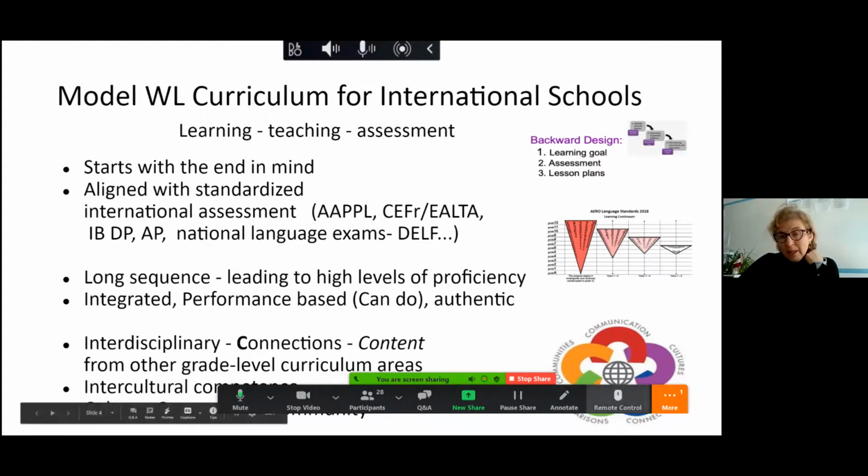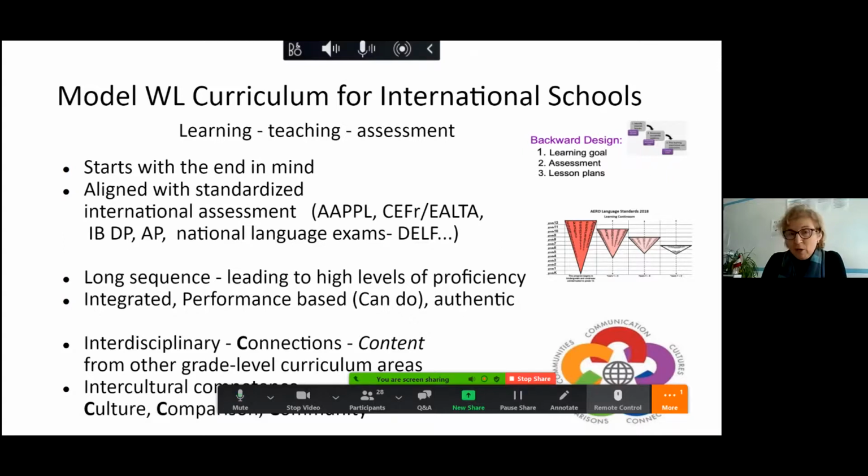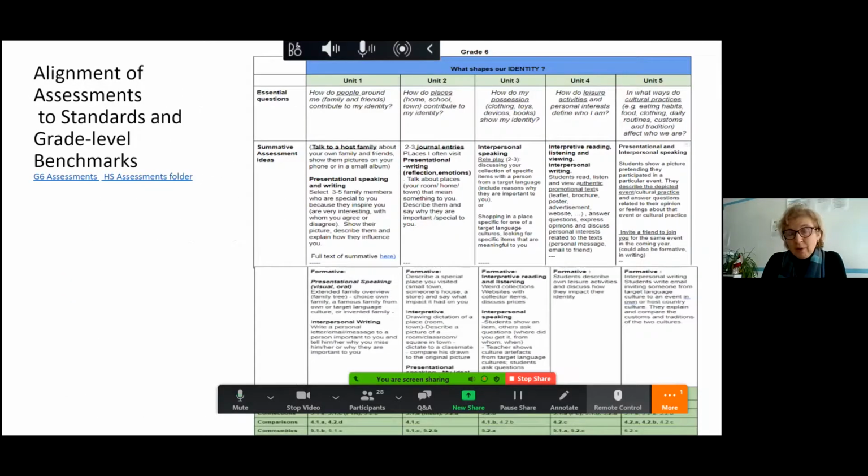We're also looking into building intercultural competence through cultures, communities, connections, and comparison. The three logos you are seeing here will be mentioned several times during the day today because they're related to the entire project.